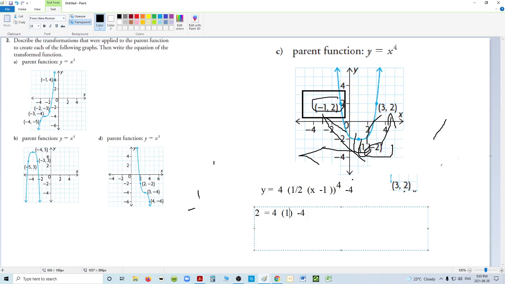Oh, yeah, I should have just been plugging in my x value. So if I take y, I'm going to figure out if it's 4 times a half. And my x value is 3. I did 2 by mistake. 2. No, I didn't. To the power of 4 minus 4. I forgot to multiply it by 4, though. So I get 1. No, I didn't forget.